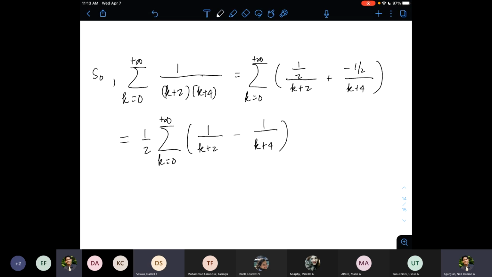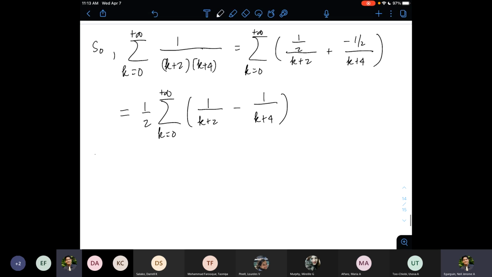Okay, all good so far? Yes, all good. Okay. Now, for telescoping series, what we do is to look at the sequence of partial sums and take the limit of the partial sums. So here, we can start with the first partial sum, s sub 0.